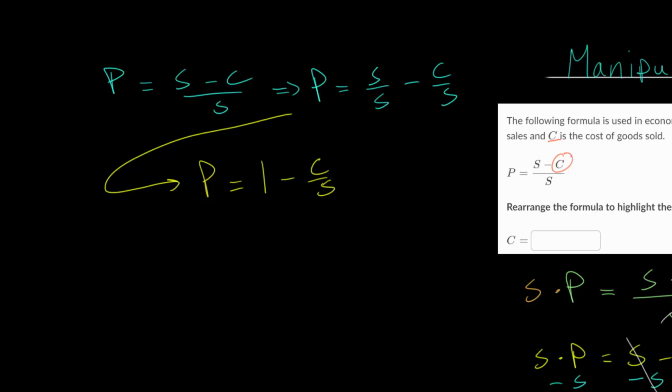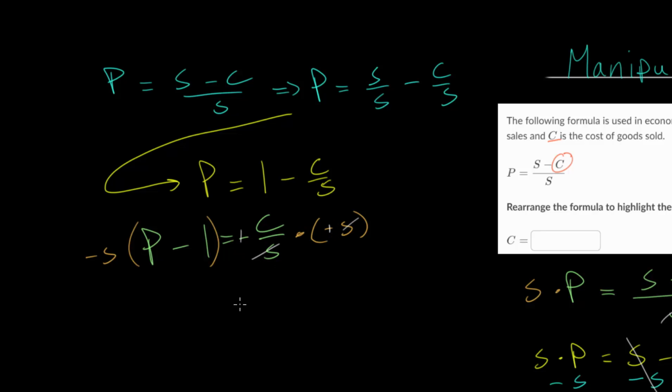From here, we can subtract 1 on each side, so that we get P minus 1 is negative C over S. If we multiply both sides of the equation by this denominator, we can get C by itself. Let's actually multiply by negative S, so that the negative cancels out as well. On the right-hand side, the negatives would cancel, and then S divided by S would cancel as well.